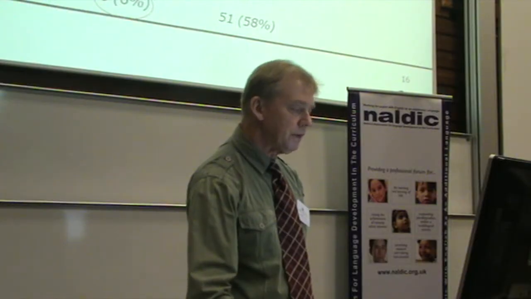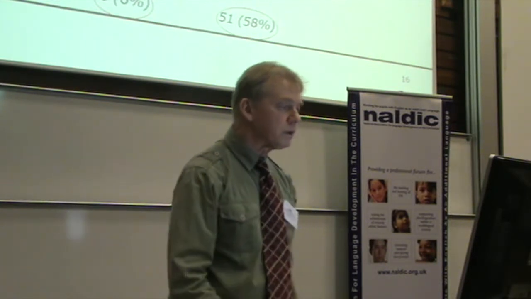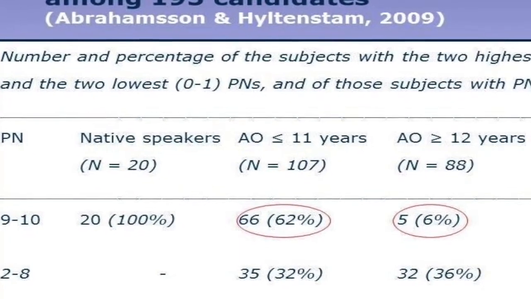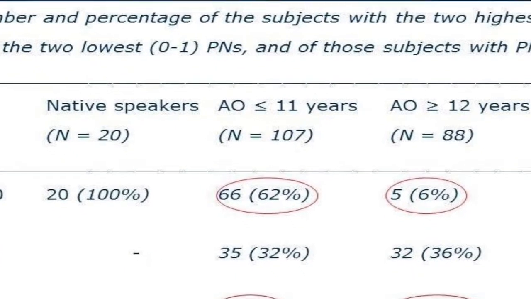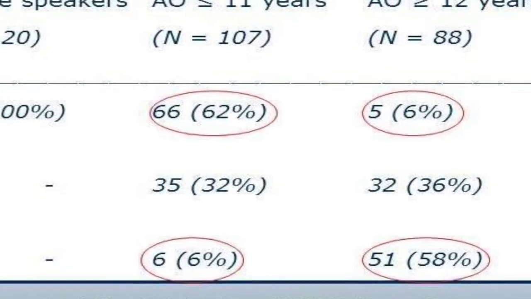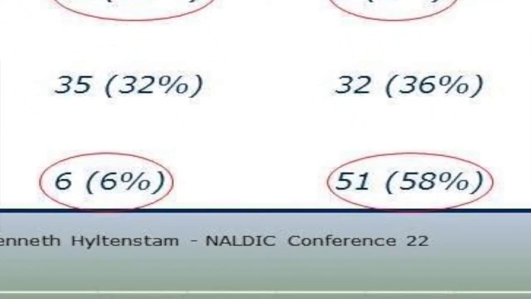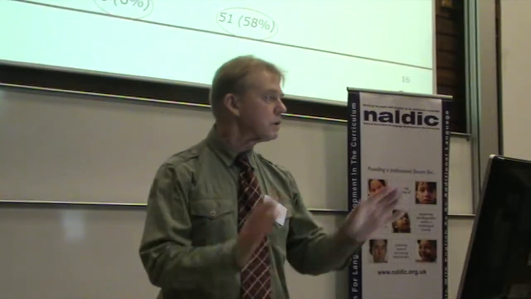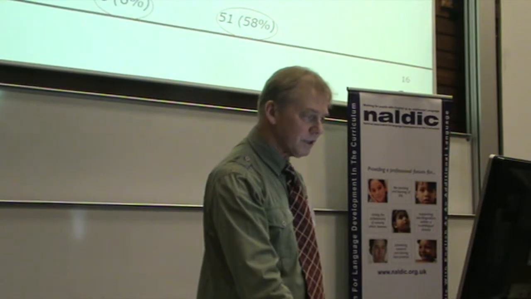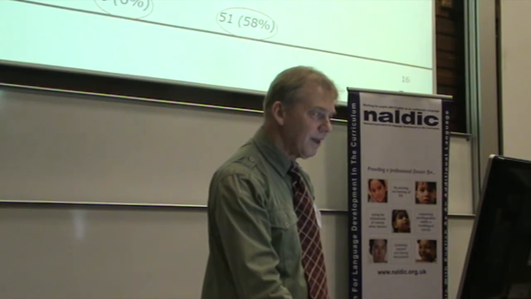So there is a complementary distribution there. And you can also see that for those who were judged as native speakers by most judges, in the early group, there was 62%, and those who were judged as non-native speakers in the later group were almost about 60%. So I can come back a little bit in questions to this, because of course you wonder about many things.